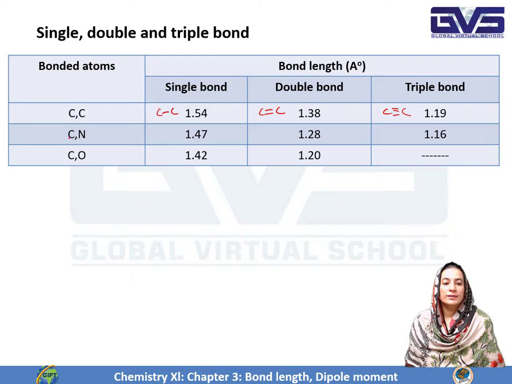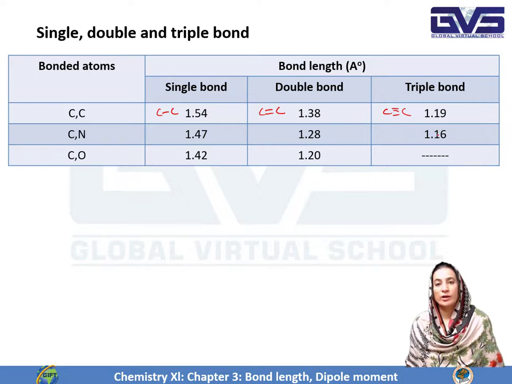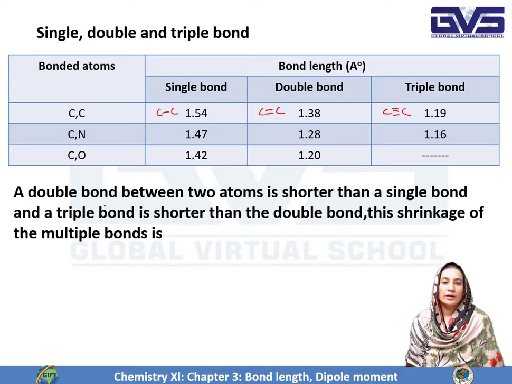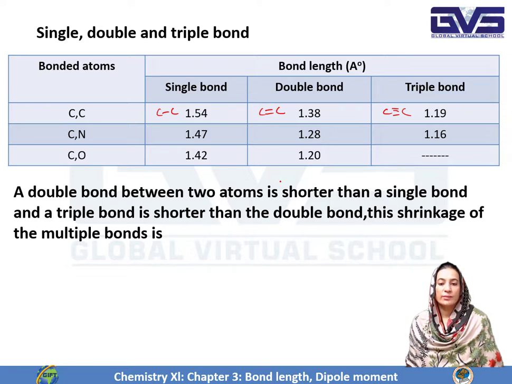In the case of C-N, when it has a single bond, its bond length is higher. When it has a double bond, its bond length reduces. When it is a triple bond, its bond length reduces further. It is the same for carbon-oxygen single and double bonds. So a double bond between two atoms is shorter than a single bond, and a triple bond is shorter than a double bond.